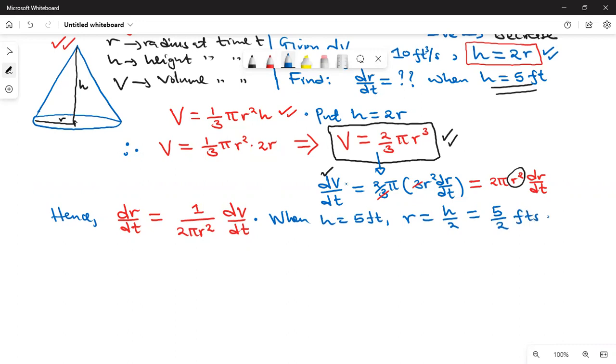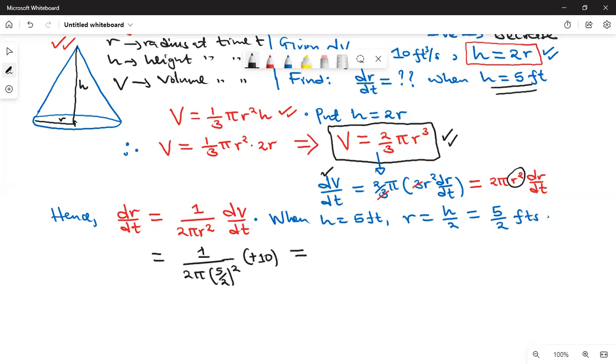Also, we are given that dV dt is positive 10. So when I substitute these values into this equation, I'm going to get 1 over 2 pi, r is 5 over 2 squared, then times positive 10, which was dV dt.